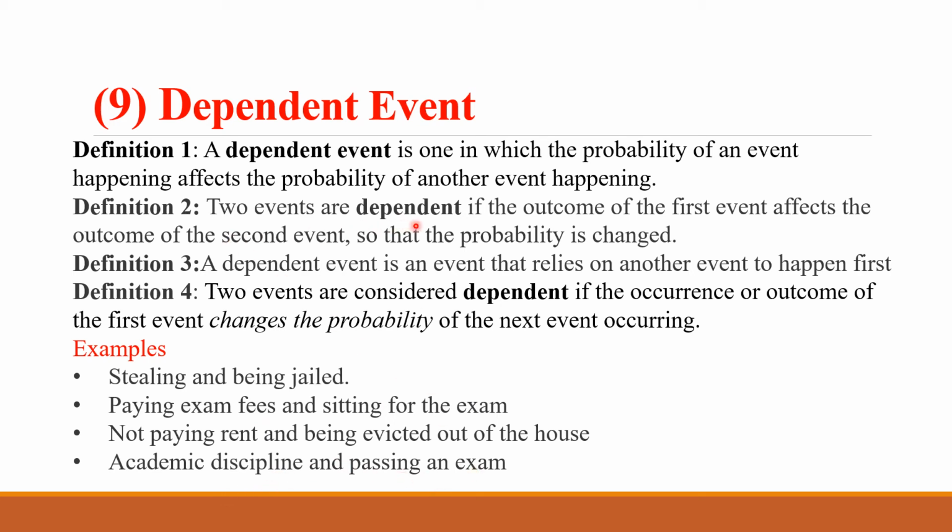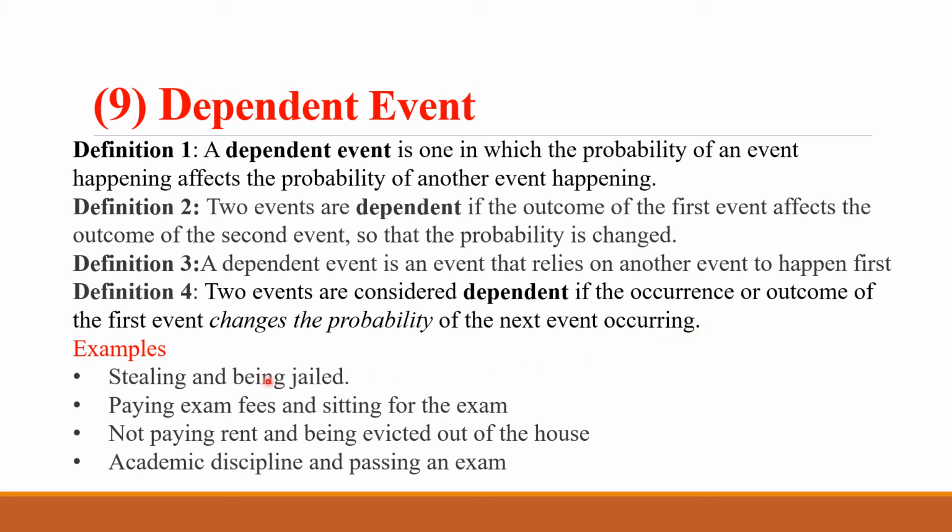So two events are dependent if the outcome of the first event affects the outcome of the second event, so that the probability is changed or is affected. In other words, we are saying two events are considered dependent if the occurrence or the outcome of the first event changes the probability of the next event occurring.